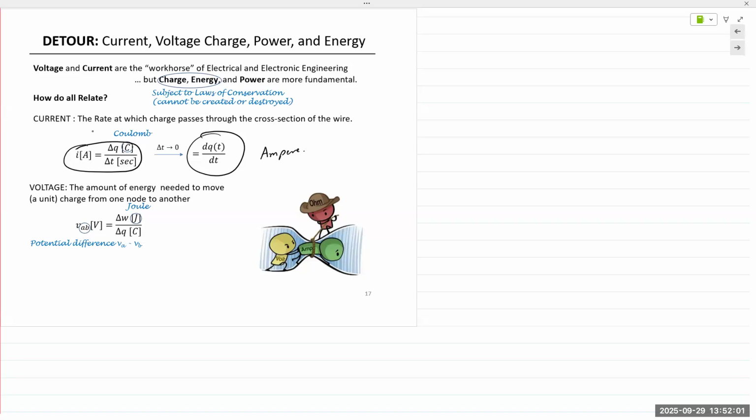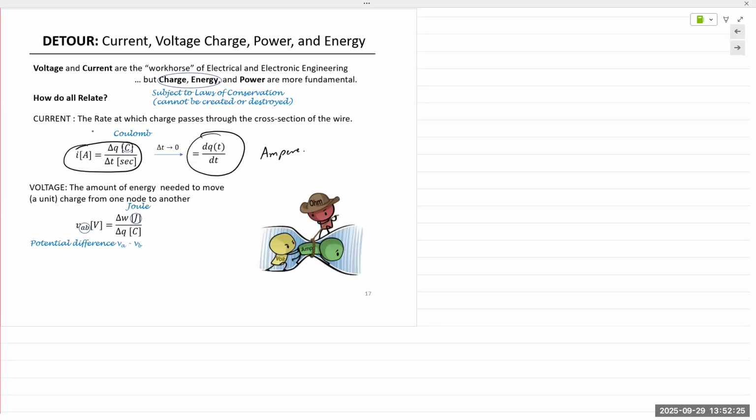In the same manner, if we are moving a charge, it requires some energy. That energy can be from external sources, can be thermal energy, but the amount of energy needed to move the charge from one place to another is defined as the voltage.